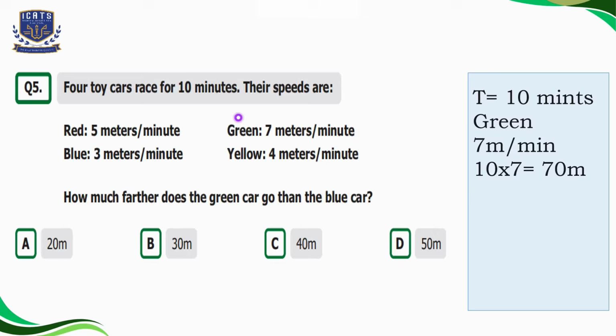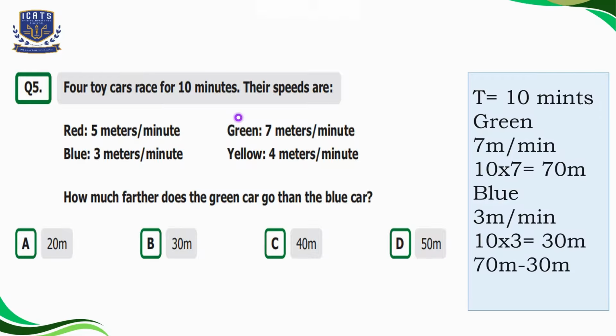Now the speed of the blue car is 3 meters per minute. So we will multiply 3 meters by time, that is 10. So the total is equal to 30 meters. Now to find out the distance between both cars, we will subtract 30 from 70, which is equal to 40 meters. So we will select option C here. Here we can say that the green car is 40 meters farther than the blue car.